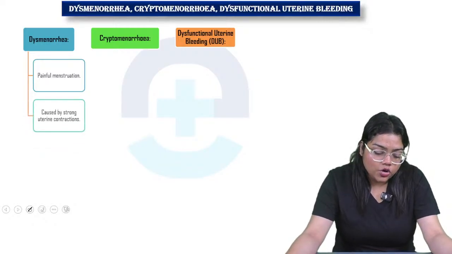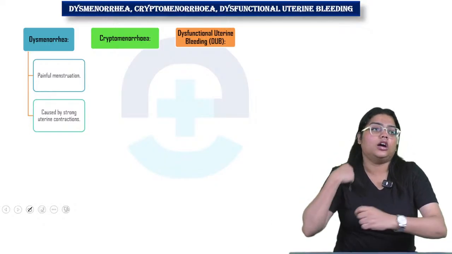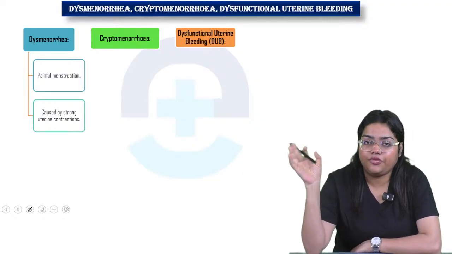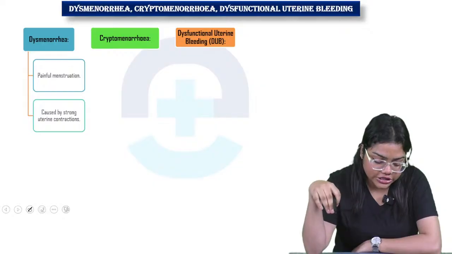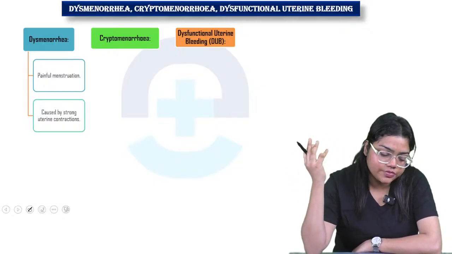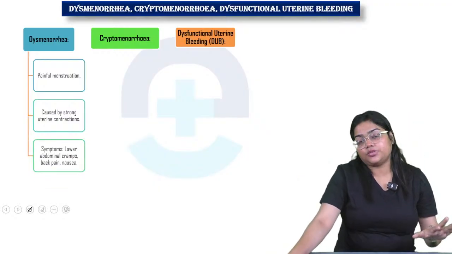The cause is strong uterine contraction during the menstruation period. If the person is having continuous, very sharp uterine contractions, then it can cause dysmenorrhea. Next are the symptoms. So what are the symptoms of dysmenorrhea?